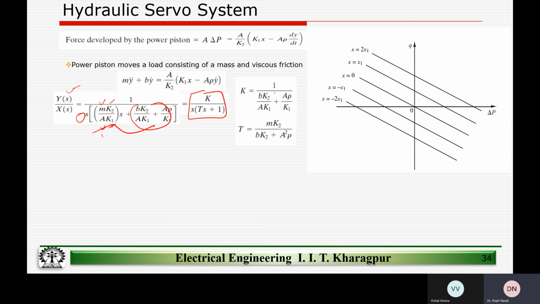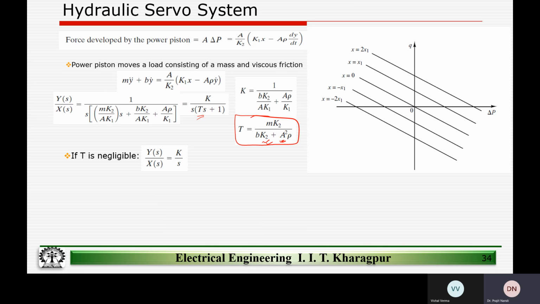Here k is obtained by taking the reciprocal of this, and the time constant associated with the system is given by this expression, right? We can make t negligible in many different ways. We can make k pretty high or the area pretty large, which means the response time of the system is pretty fast, right?